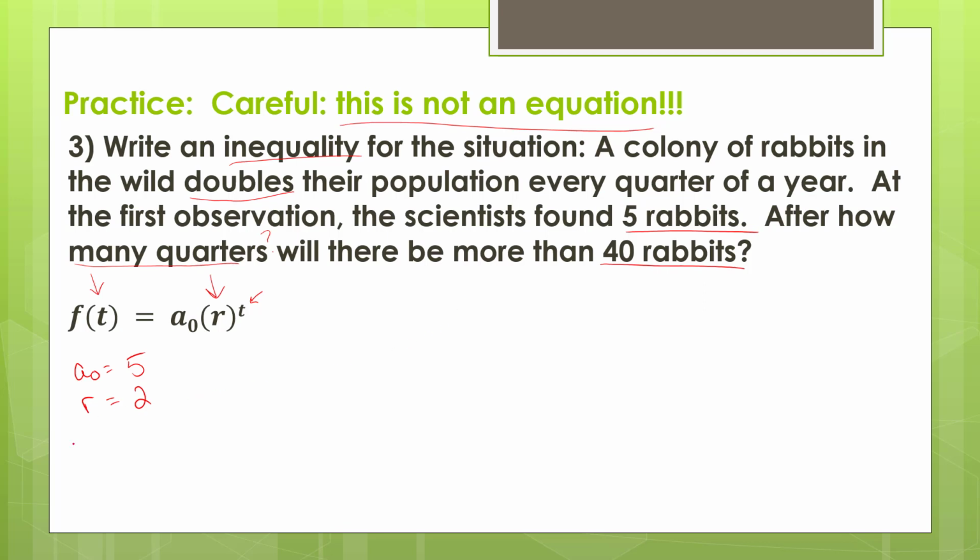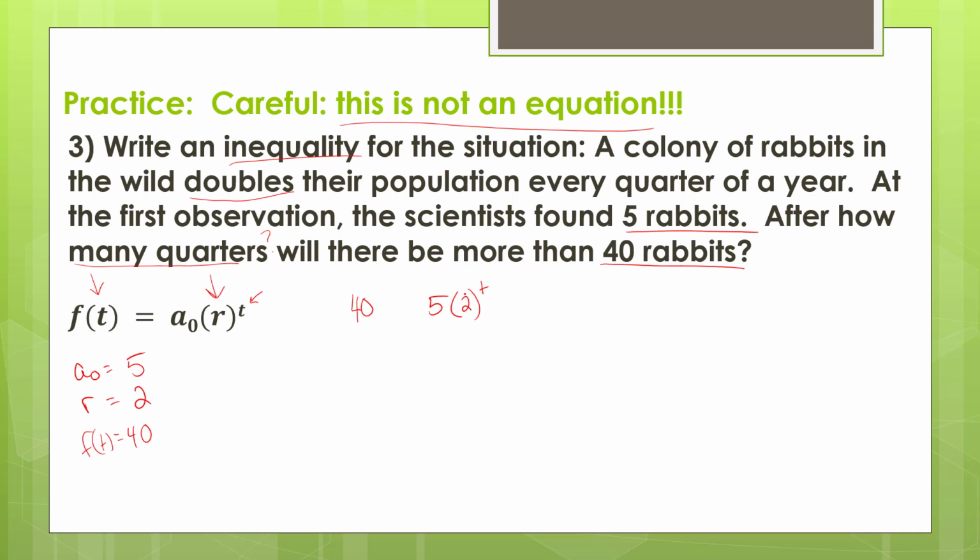So we're actually looking for the time. So we know the f of t value is equal to 40. So let's write our inequality. 40 has got to be something. We don't know yet. We'll talk about that in a minute. A sub 0 is 5 times the rate, which is 2, raised to the amount of time.